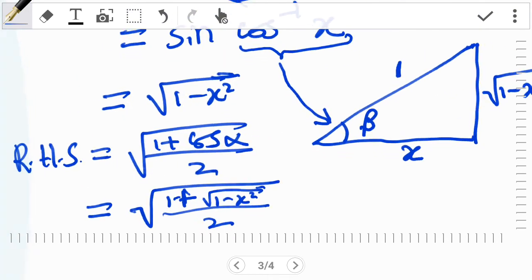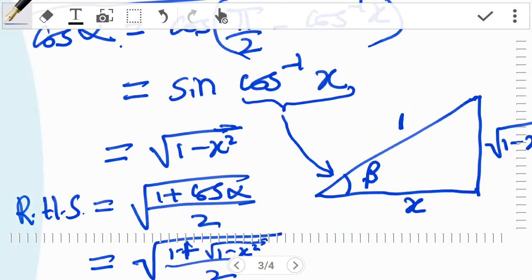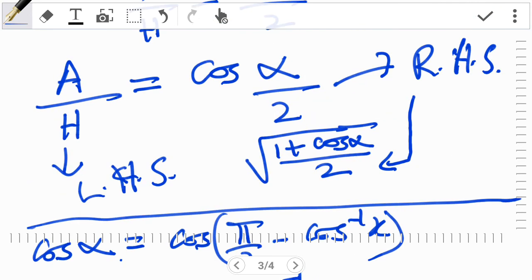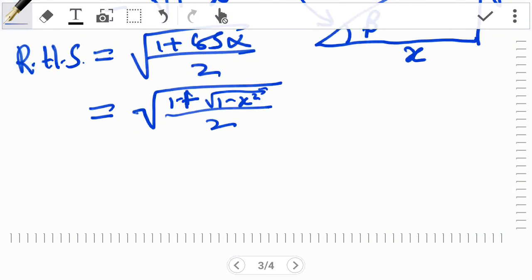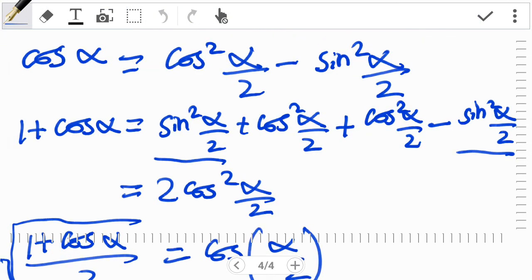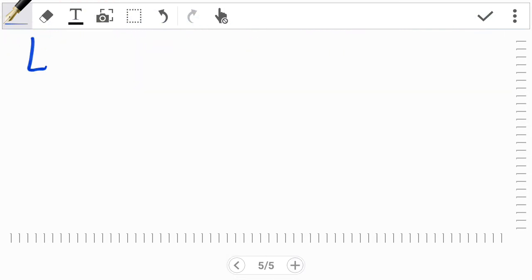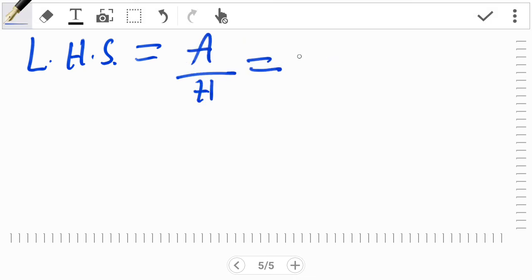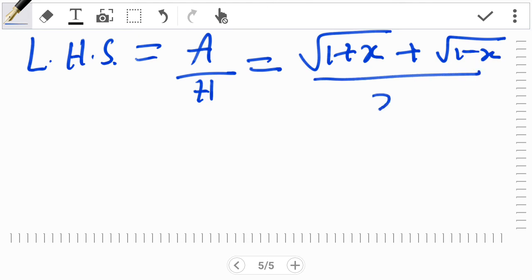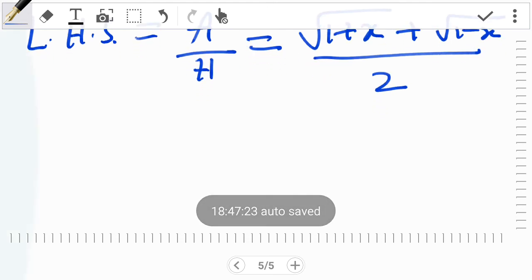So we know that RHS is this. What is LHS? LHS is A by H. Okay, so let us just see. LHS is A by H, which is actually (root of 1 plus x plus root of 1 minus x) by 2.